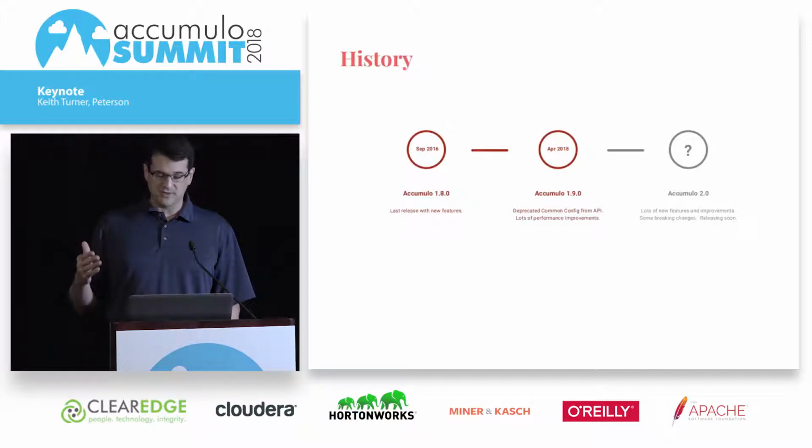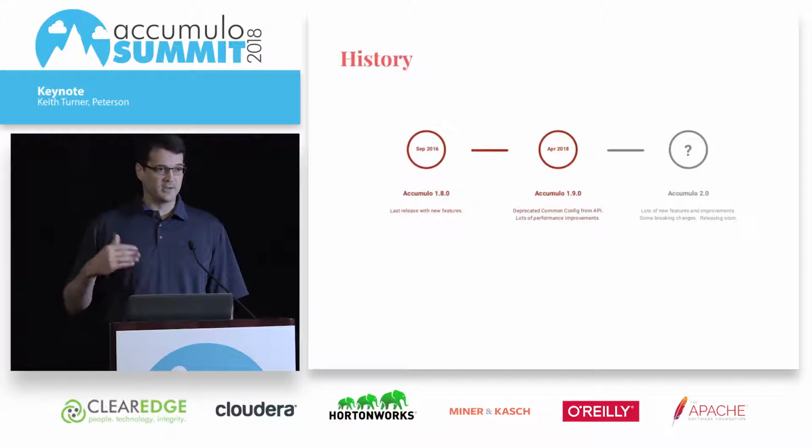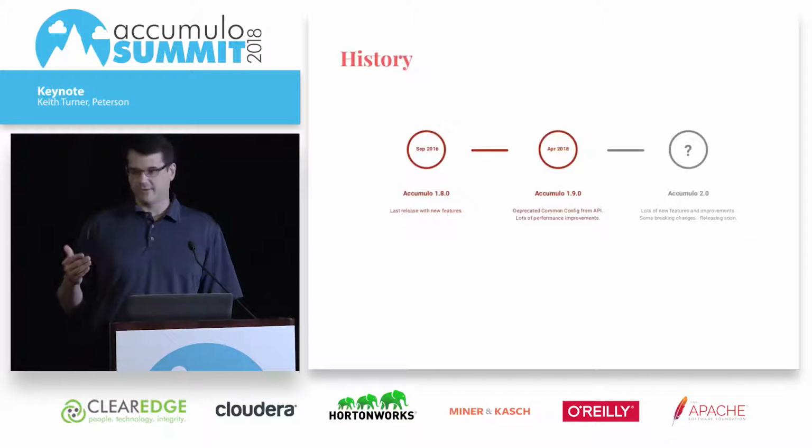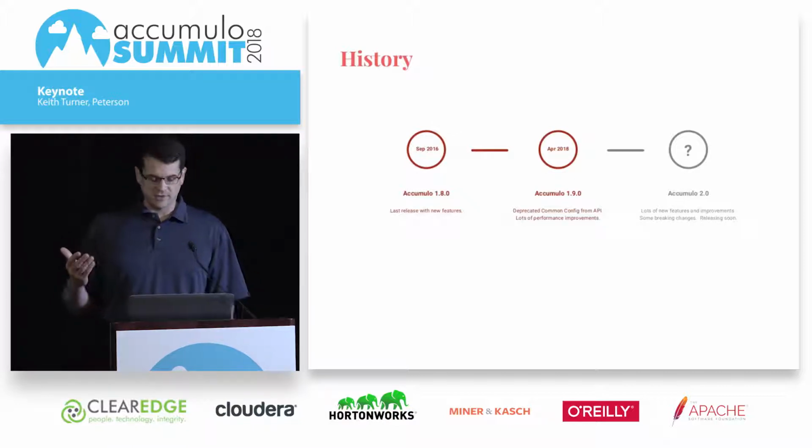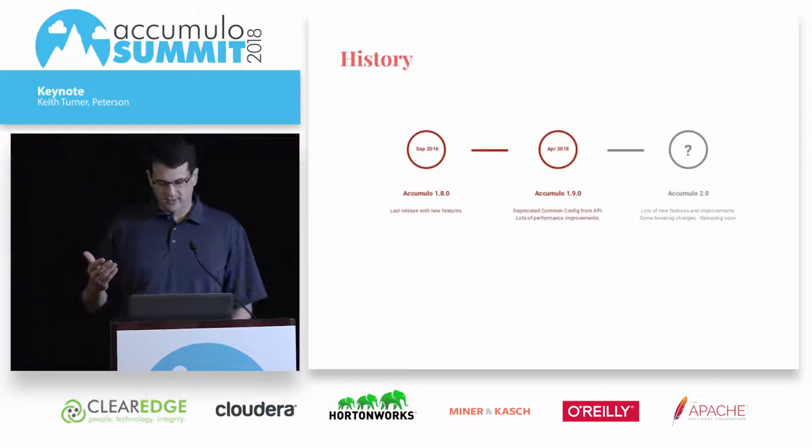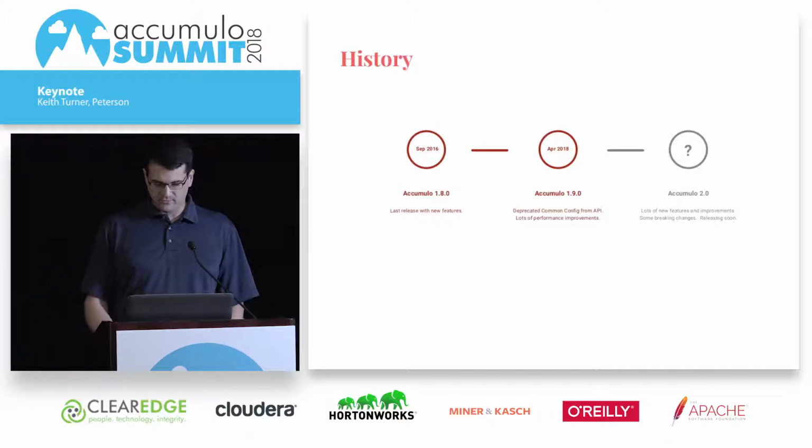And since Accumulo follows SemVer, to deprecate something, we had to bump Accumulo to 1.9.0. But Accumulo 1.9.0 really should have been Accumulo 1.8.2. It didn't really have any major new features.